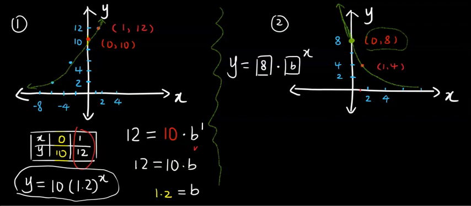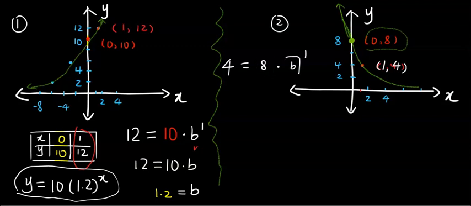Once we get a, all we need to do is figure out b. We need 1 point. We have a point that says (1, 4). 1 is x, so put it down here. 4 is y, put it down here. Now we can erase our little boxes.